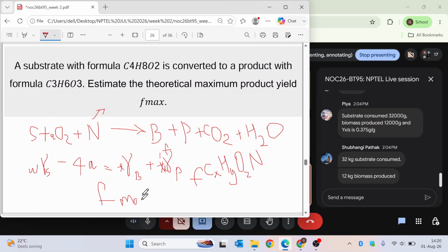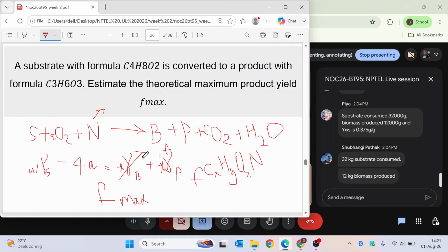So when does your F max come into the picture? You assume whatever you put in is going to be converted into product. That means this term will become 0. So for the maximum product yield, F becomes F max and the other terms become 0.